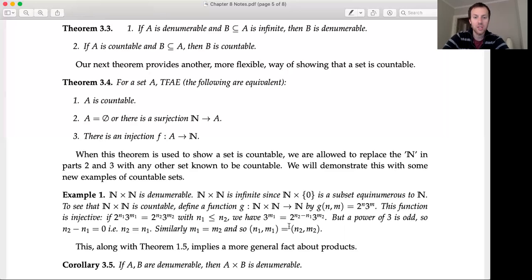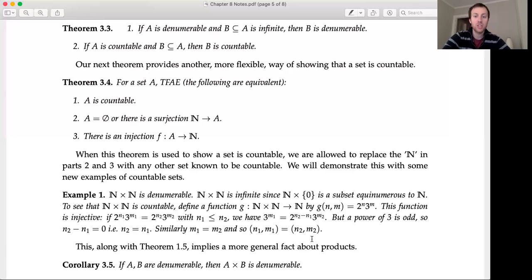But then if you don't have this power of 2, you have 3 to the m1 equals 3 to the m2, and you can see that the exponents then also have to be equal. And so the n's are equal, the m's are equal, so the pairs are equal. So here we're saying there is an injection from pairs of natural numbers to the natural numbers.